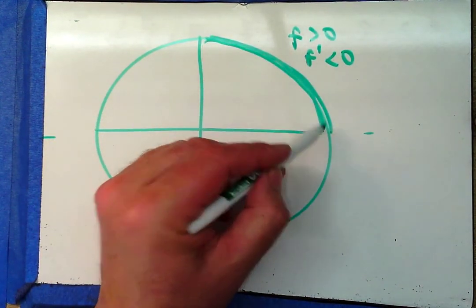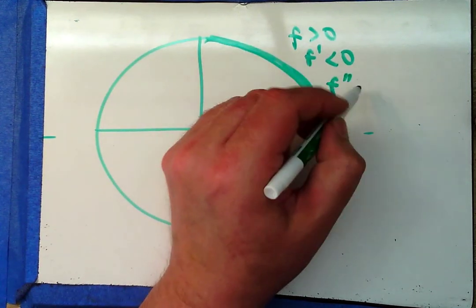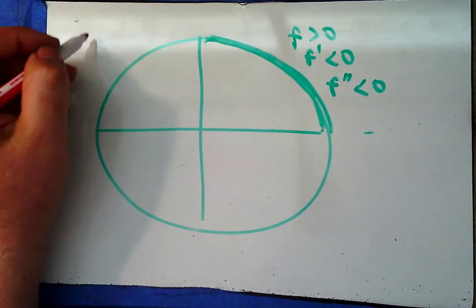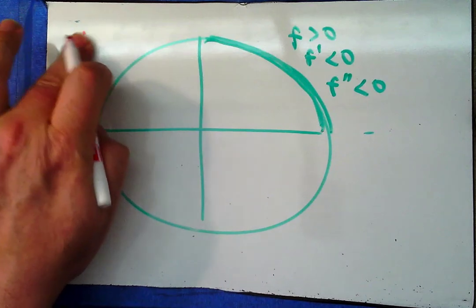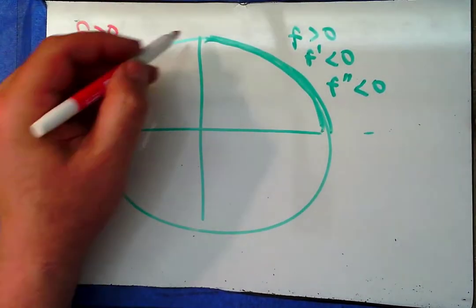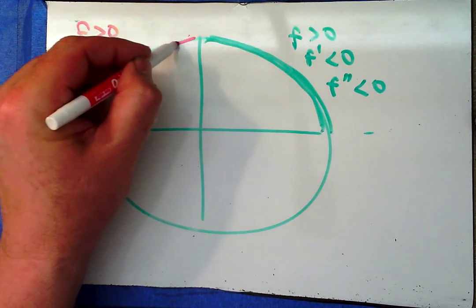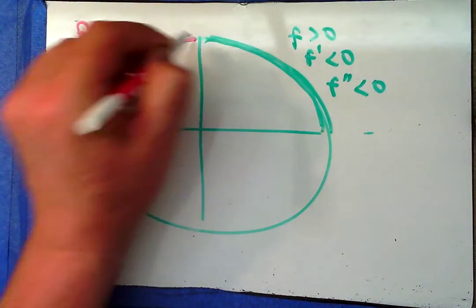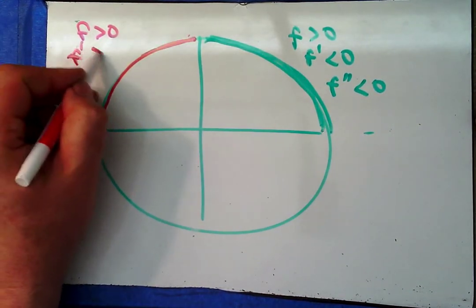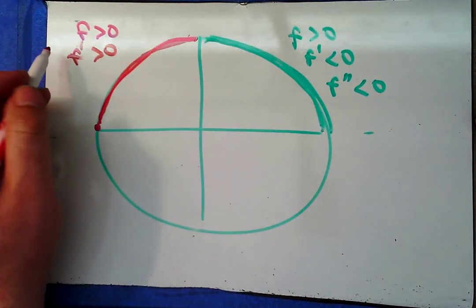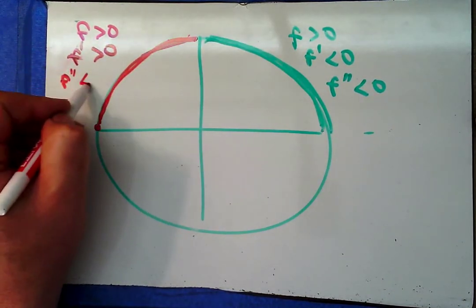And I have concave down here, so f double prime is less than 0. Over here in the second quadrant, my y values are still greater than 0, so f is still greater than 0. But my function goes from this low point to this high point, so f prime is greater than 0. But my function is still concave down over here, and so f double prime is less than 0.